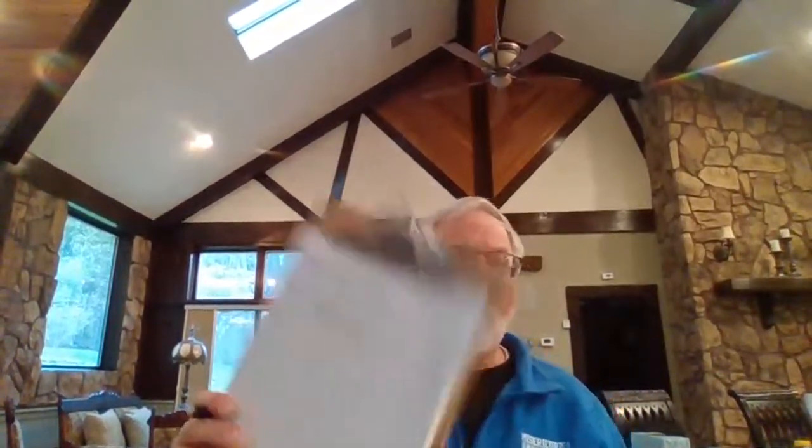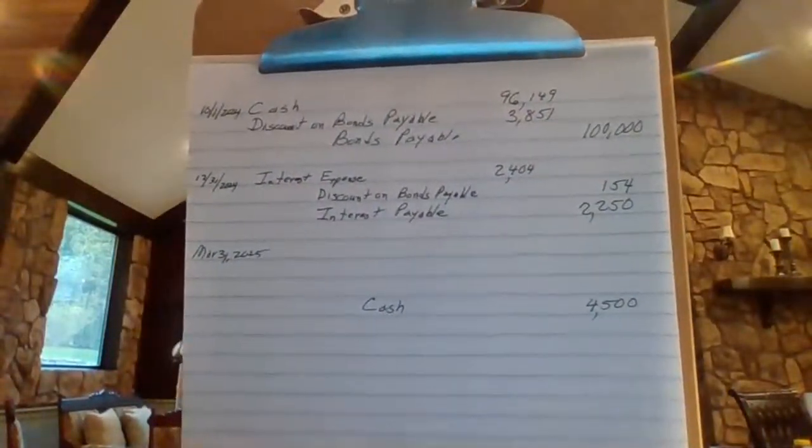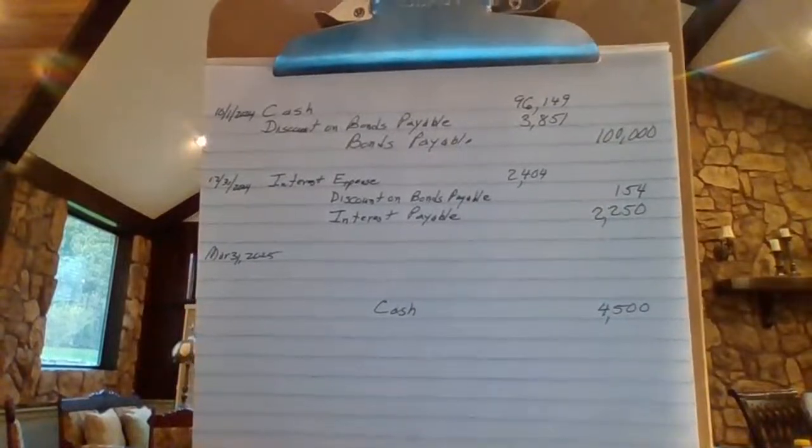Now let's go into March 31, 2025, when we make our first payment. Cash of $4,500 is going to be paid out to all the bondholders.